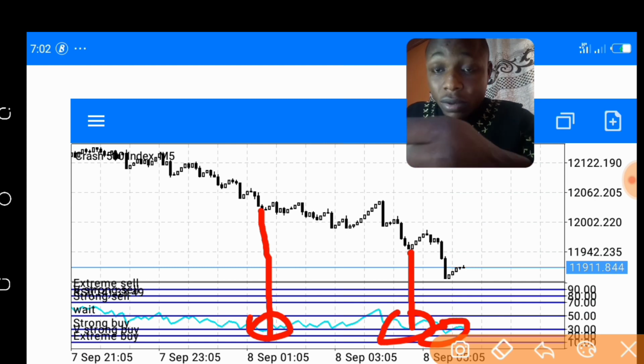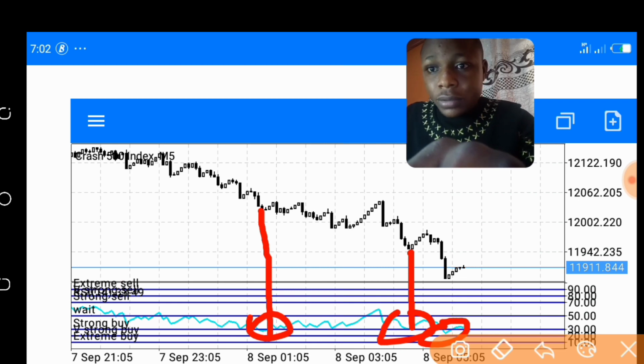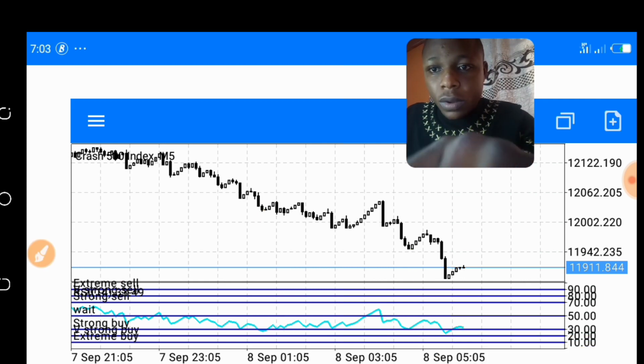Then when it is on very strong buy, you can buy up to like 20-30 minutes. But when it comes to extreme buy, you can hold it for 1 hour. That's how that one works. And you can use it on all time frames.